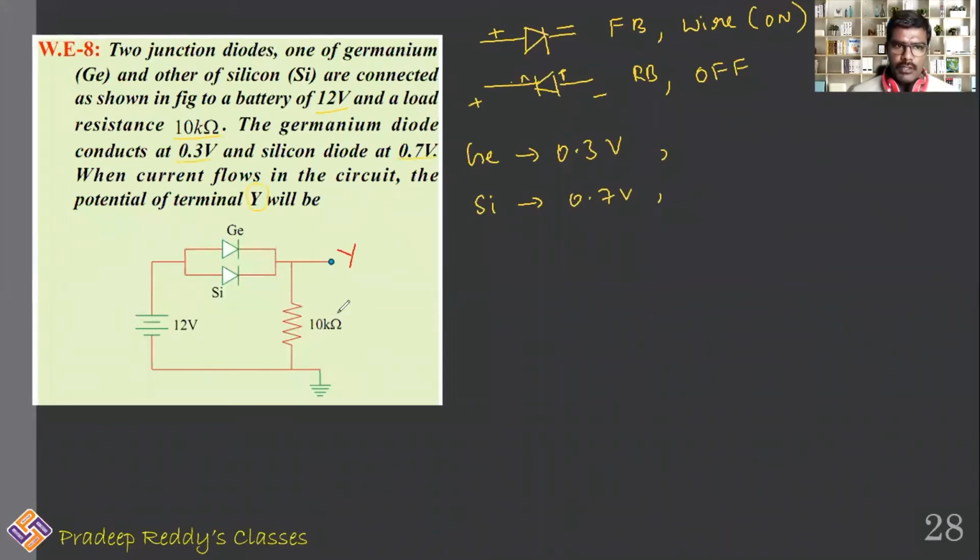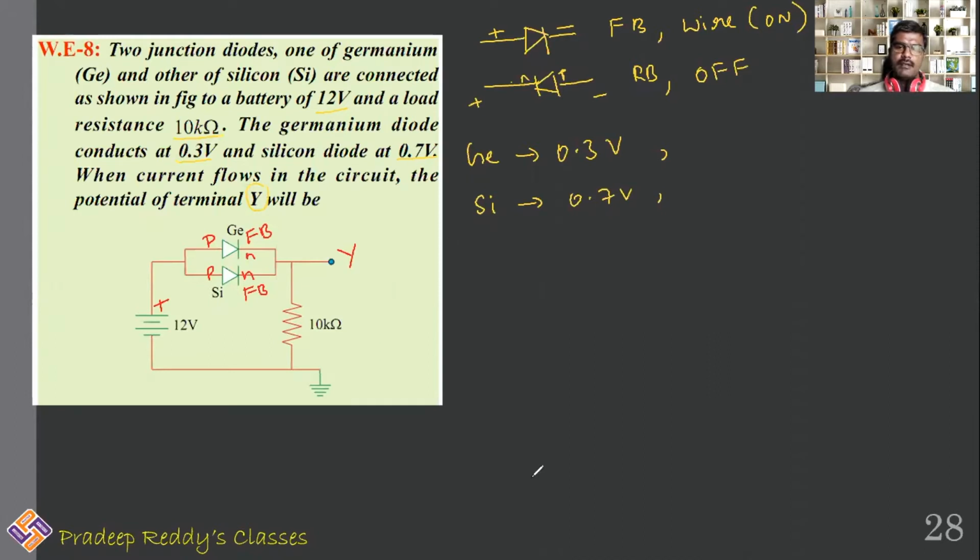Now you should find out the potential at this terminal Y when the two junction diodes are connected in forward bias. Look here, this junction diode is in forward bias. This junction diode is also in forward bias, because positive is connected to P type and negative is connected to N type. Similarly, for silicon, P type is connected to positive and N type is connected to negative.